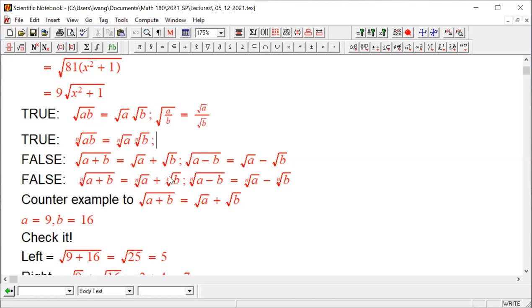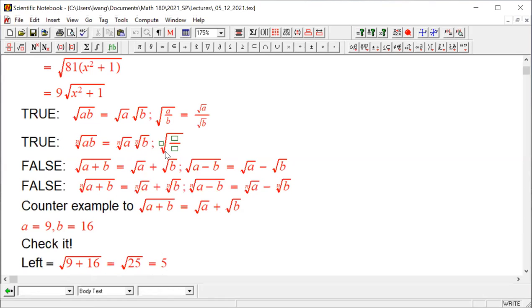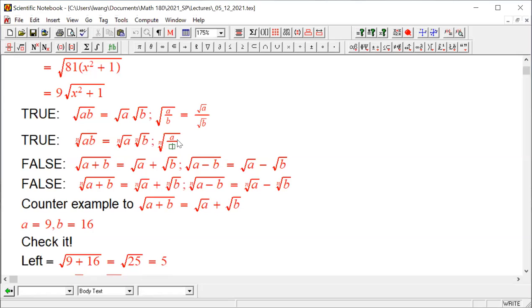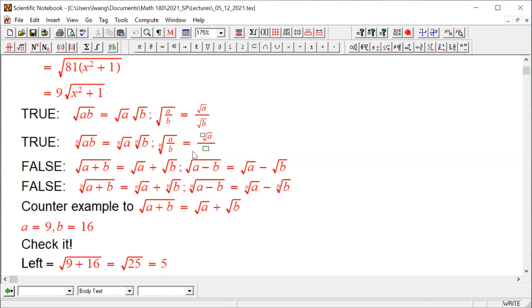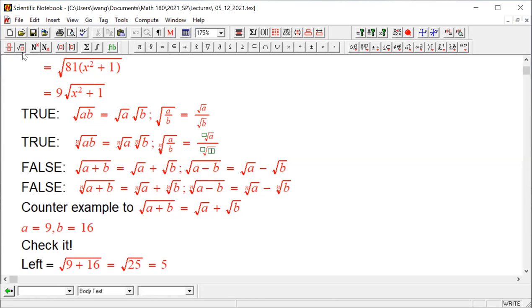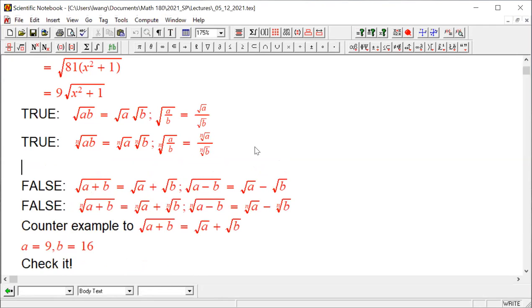For the truths, I'm going to give you here: the nth root of a over b. Let me write it in words.